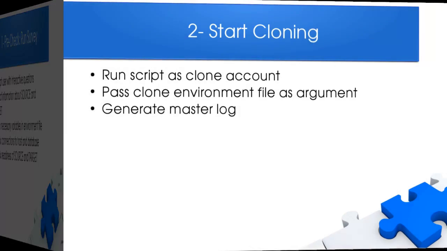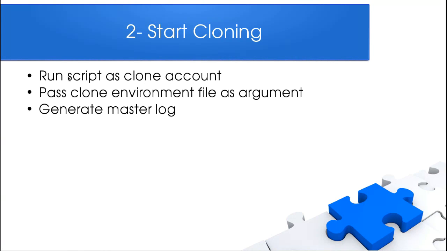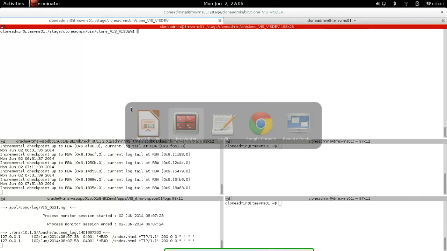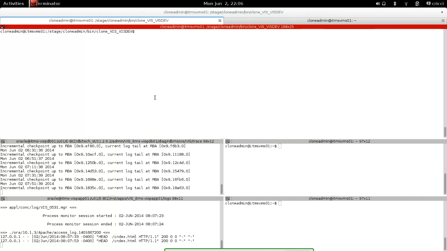So step number 2 is to start the cloning. We run the script and we pass the environment file that we just created. We'll check the master log. In this case, I'm going to pause every action, so I'm going to set this environment variable, and I'm going to start running the clone.